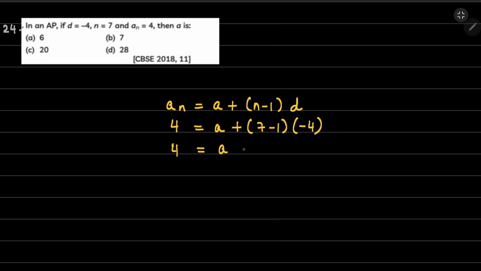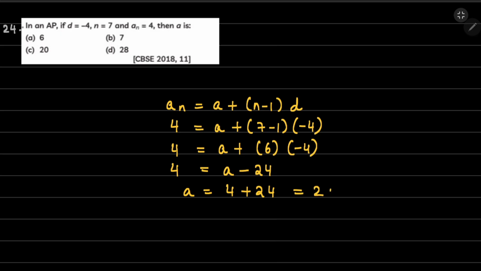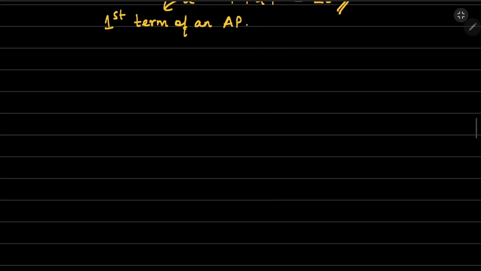So 4 is equal to A plus 6 into minus 4, which is A minus 24, and A is equal to 4 plus 24, which is 28. And that's your first term. A refers to the first term of an AP. Option number D, 28 is the correct answer. Let's move on to the next question.